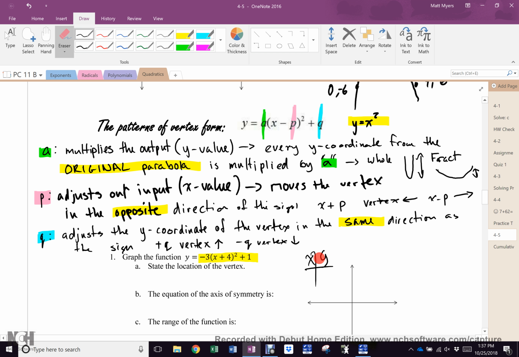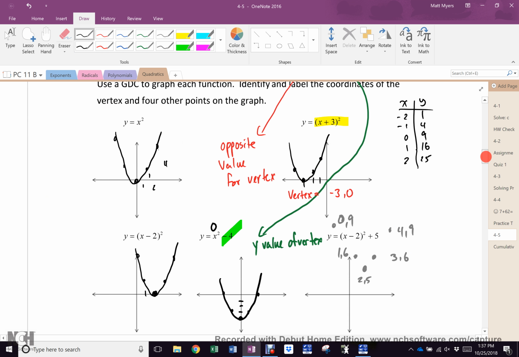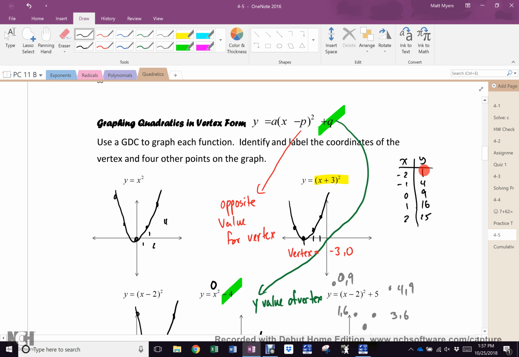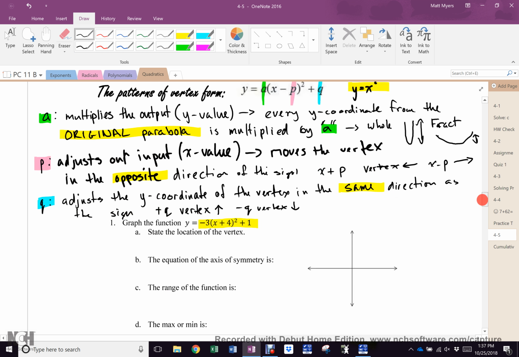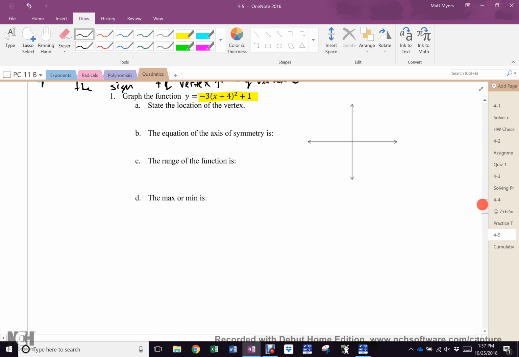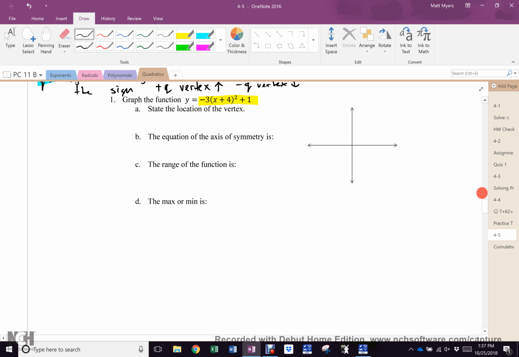Now, when I say we learned them, did I tell you what they were? Or did we experiment and find them all? We experimented and found them all, yes? So this is not a simple matter of, Myers said to do it this way, let's do it this way. We've already figured it out.